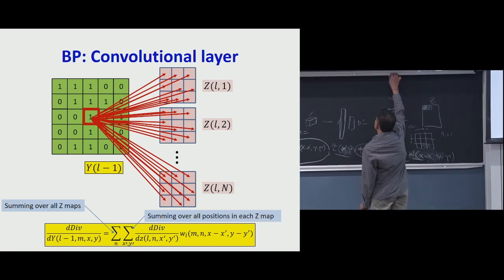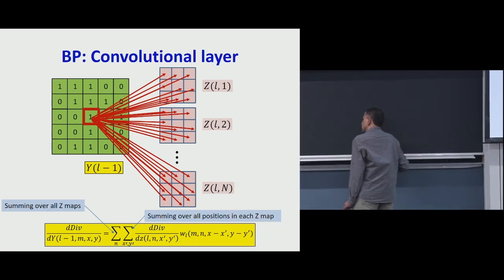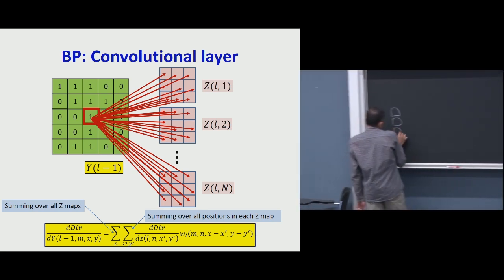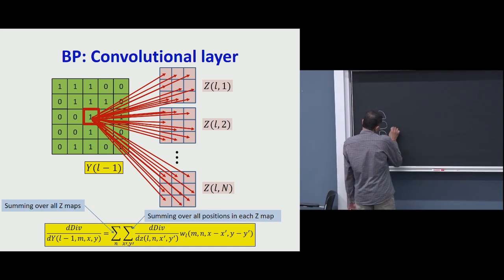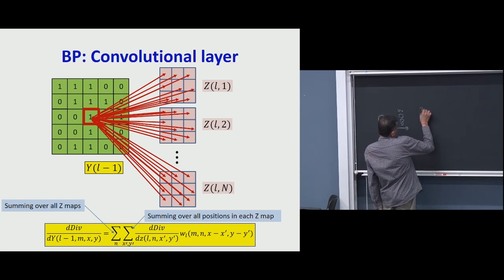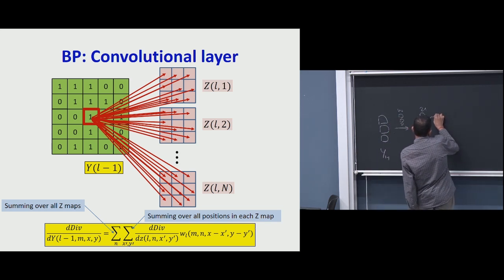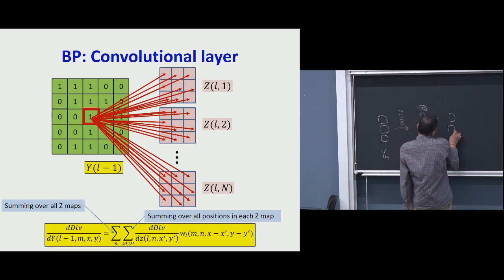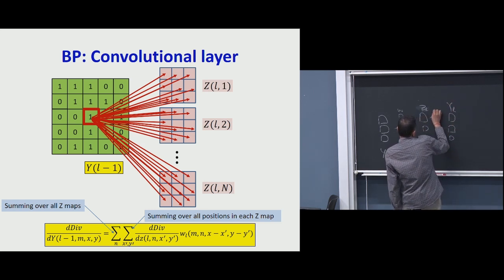We had Y L minus 1. From these, you applied the weights, and you got ZL, which was a bunch of maps. And from ZL, you got YL through the activation, right?